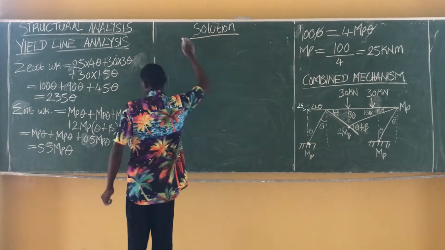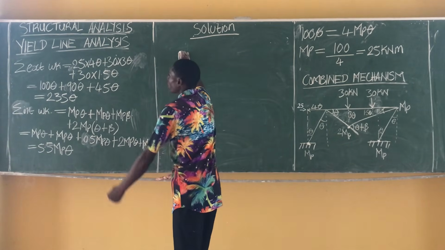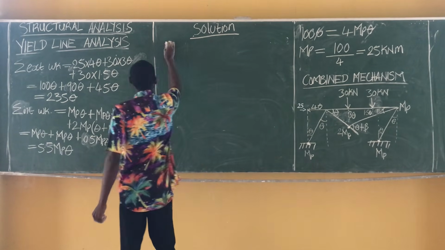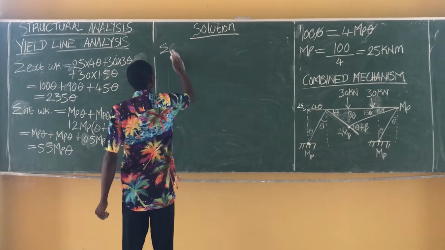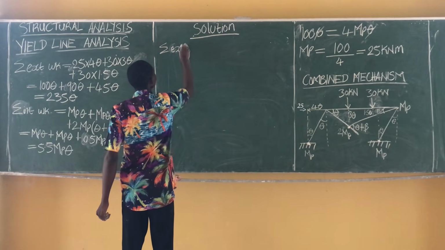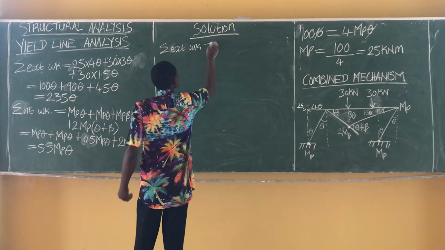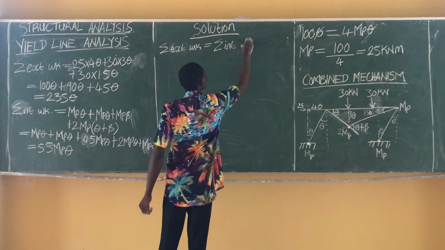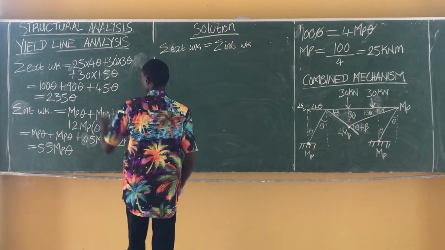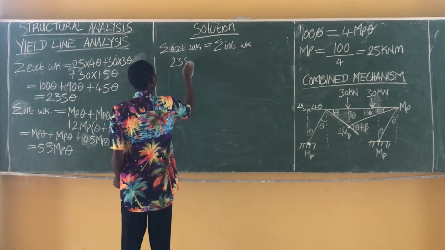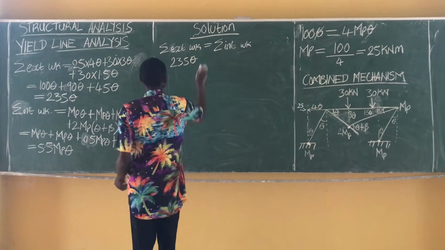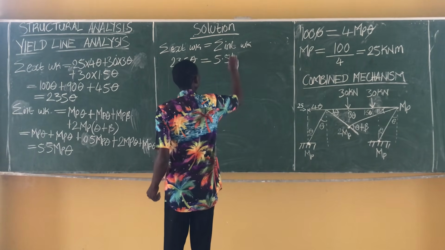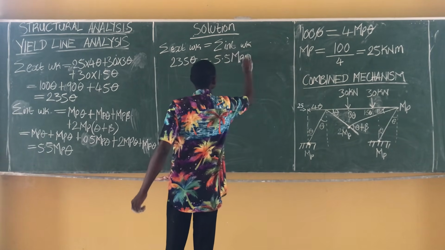Okay? So still on the principle of virtual work, summation of our external work done is equal to summation of our internal work done. And our external work done is 235 theta, which is equal to 5.5 MP theta.